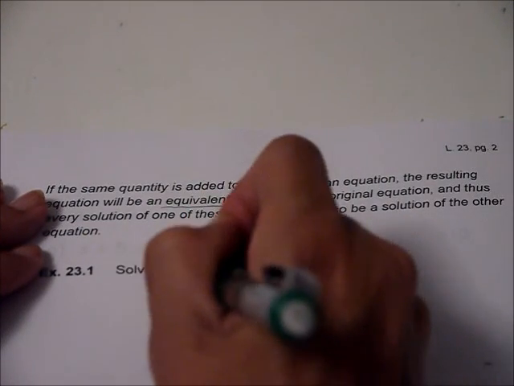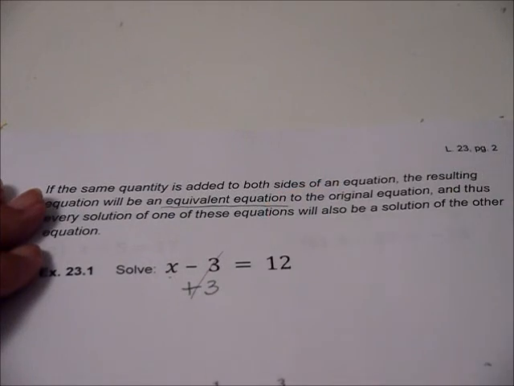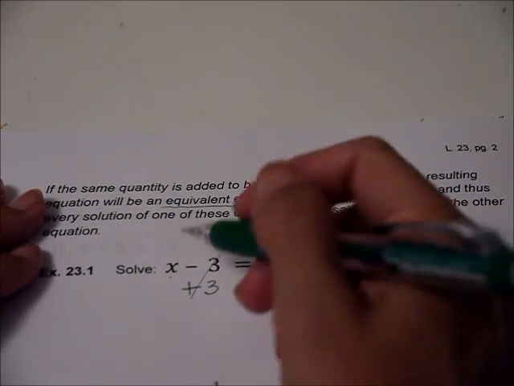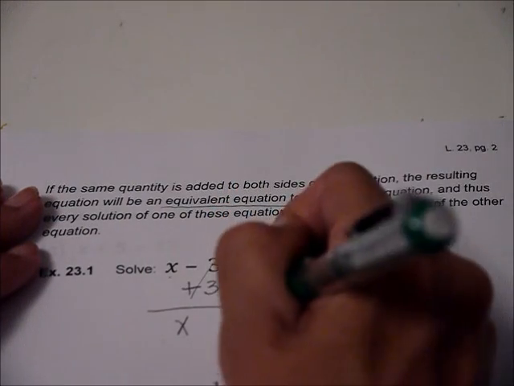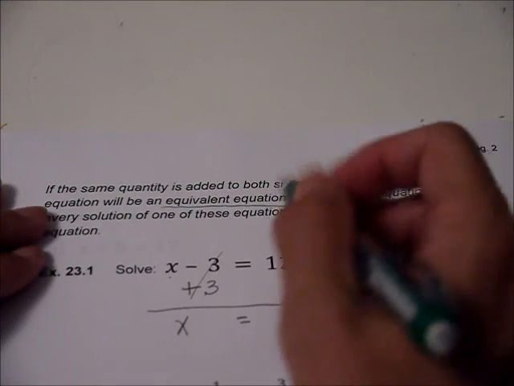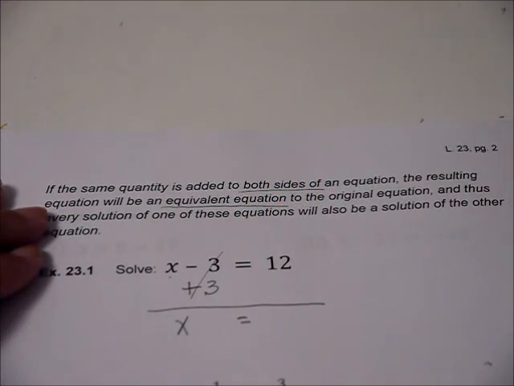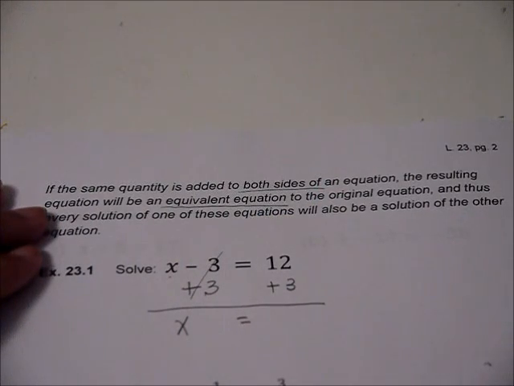So if I want to get x by itself, I'm going to add 3 because these two then turn into a 0 and cancel each other out. So that x will be the only thing down there when we're done. Now, in order to do that, we have to add it to both sides of the equation so that they remain equivalent, right?